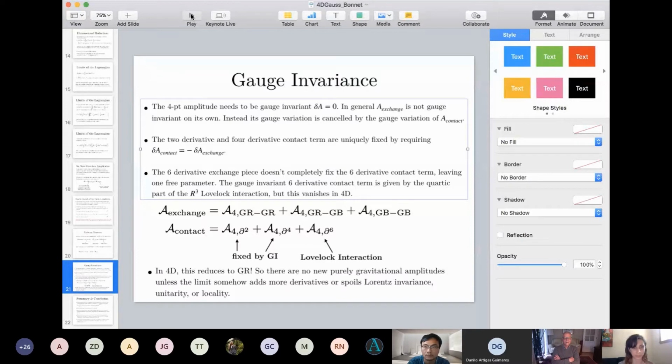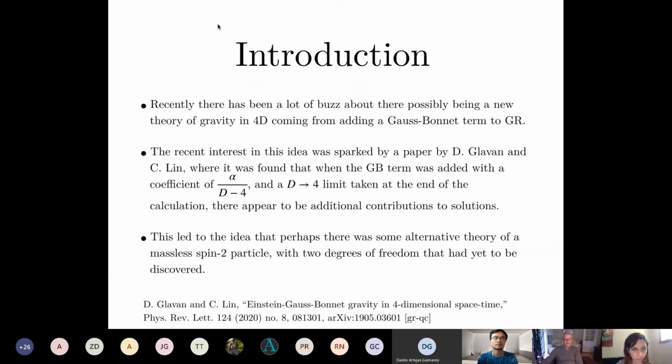The recent interest in this idea was sparked by a paper by Glavan and Lin, where it was shown that when you add the Gauss-Bonnet term with a coefficient of alpha over d minus 4, and then find some solutions and do some calculations, if you take the d goes to 4 limit, there appeared to be additional contributions to your solutions. This led to the idea that perhaps there is some alternative theory of a massless spin 2 particle with 2 degrees of freedom that had yet to be discovered.